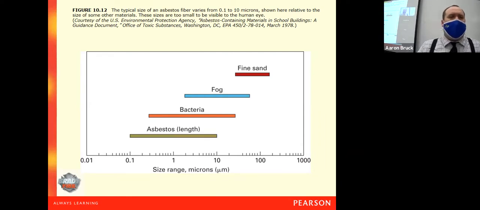Actually, I take that back, I'm reading the scale wrong. Fine sand is actually bigger. So asbestos, we can't see it, just like we can't see bacteria. Those little fibers that get made are smaller than what our eyes can see.